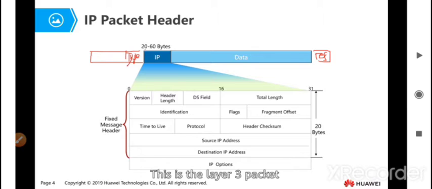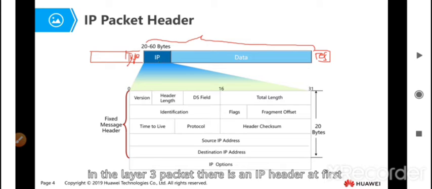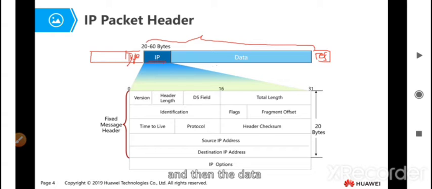Then this is the layer 3 packet. In the layer 3 packet, first there is the IP header, and then the data. This data is the layer 4 segment.